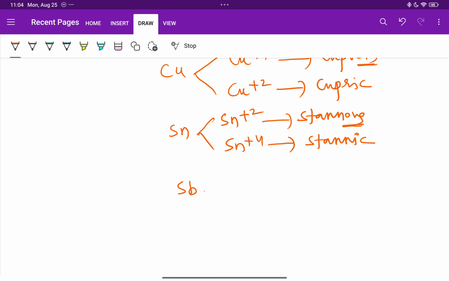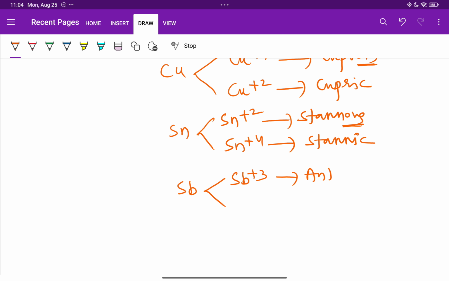Next, antimony, stibium: Sb +3, antimonous; Sb +5, antimonic.